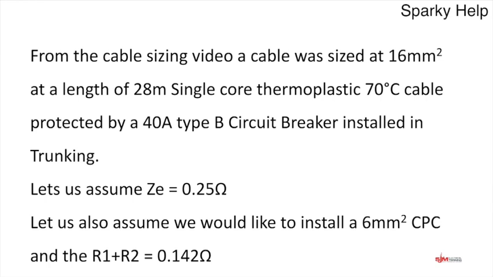But we're going to try get away with a 6mm. You could go smaller, you could try something slightly bigger if you wish, but I've decided to opt for a 6mm CPC. I've already calculated the R1, R2, go check out the video to see how to do that.